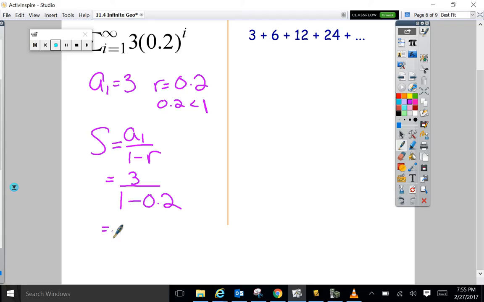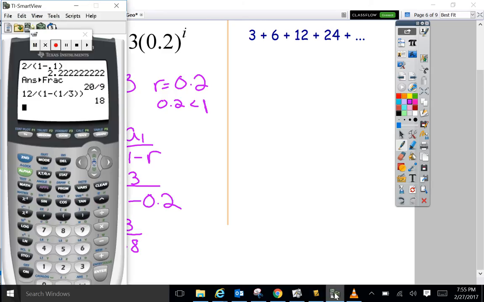If you do the denominator first, 1 minus 0.2 is going to be 0.8. And 3 divided by 0.8 gives me 3.75, or as a fraction, 15/4.